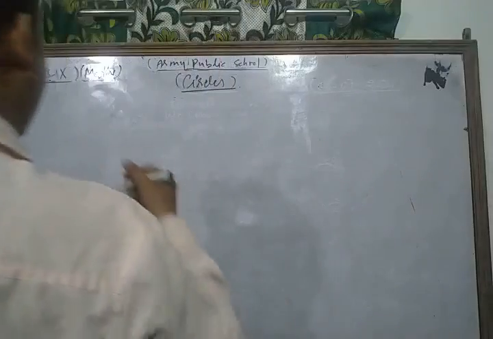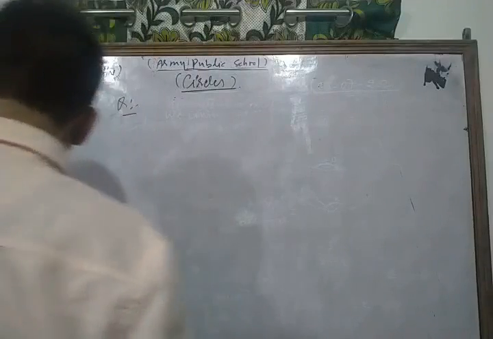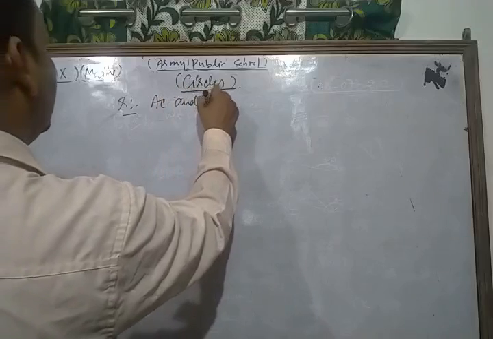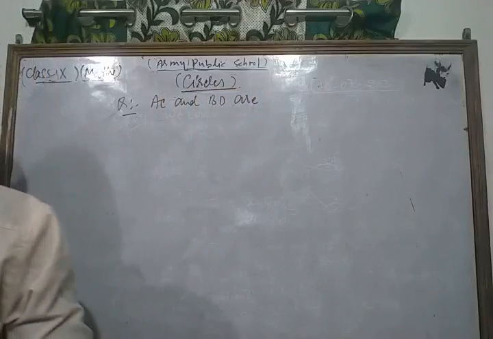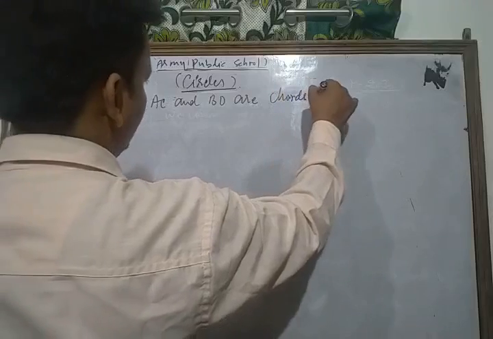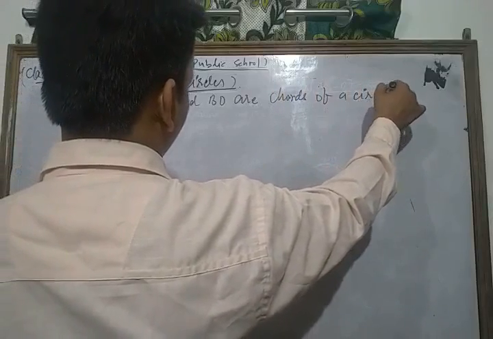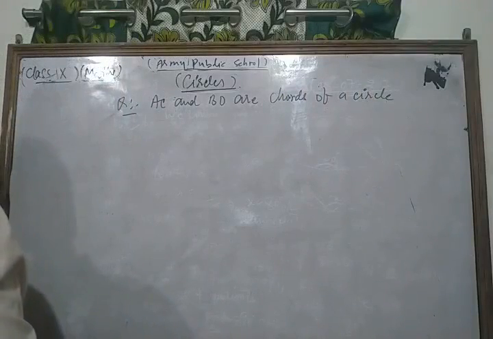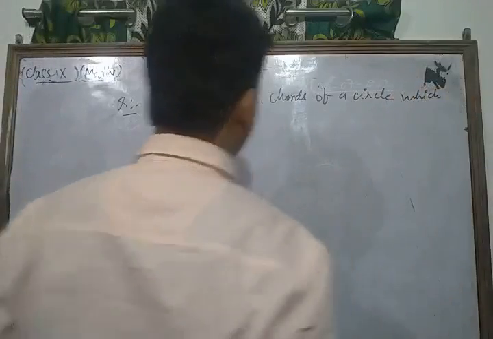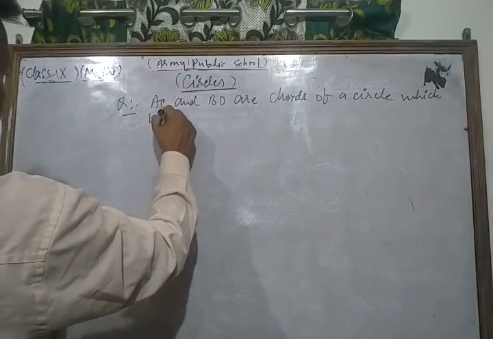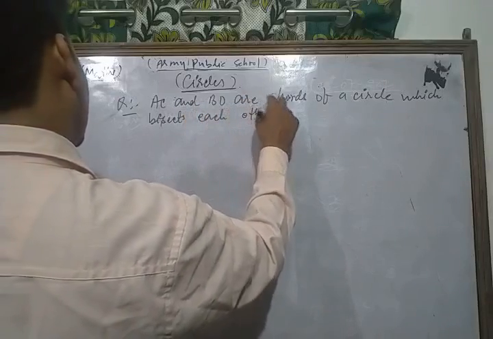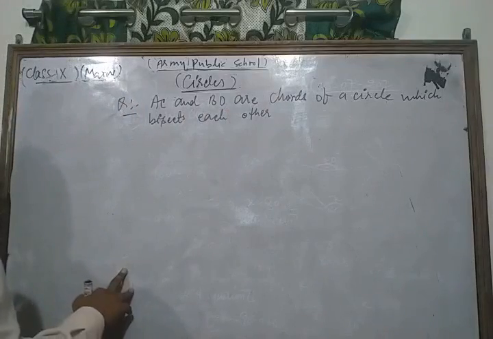Now your next question is a very important question. AC and BD are chords of a circle which bisect each other.